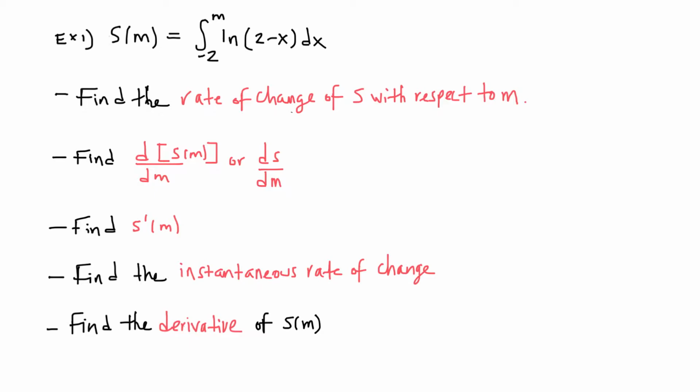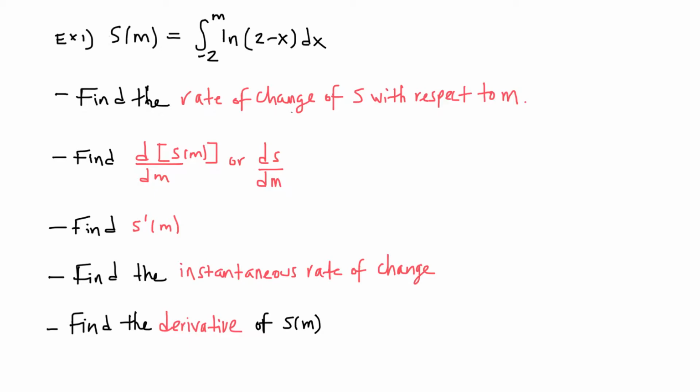For this example, the x variable is the dummy variable, and the main variable is m because s depends on m. These are 5 different ways that they could ask the same question.